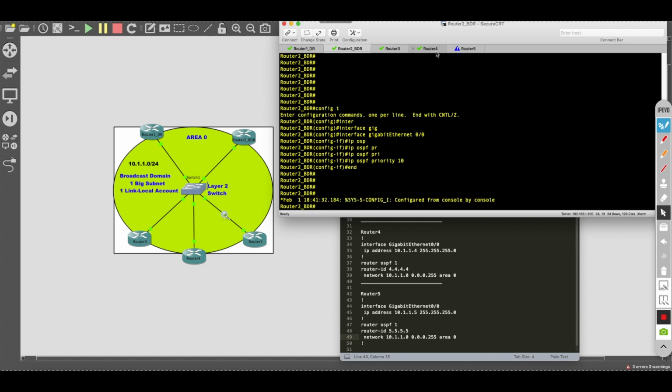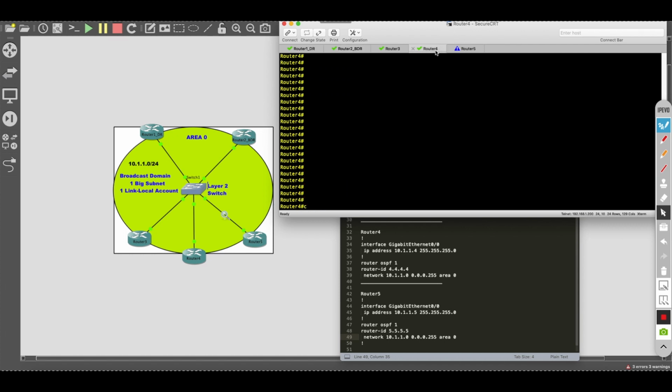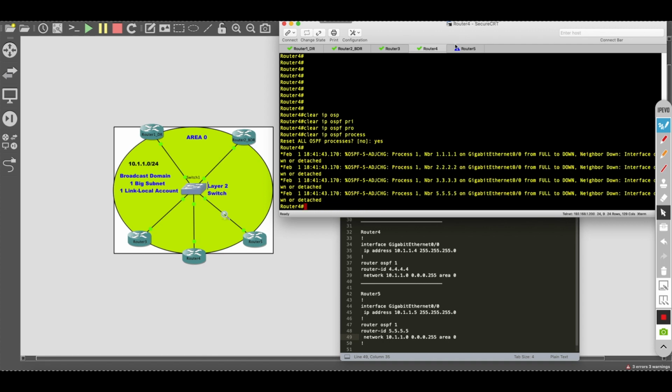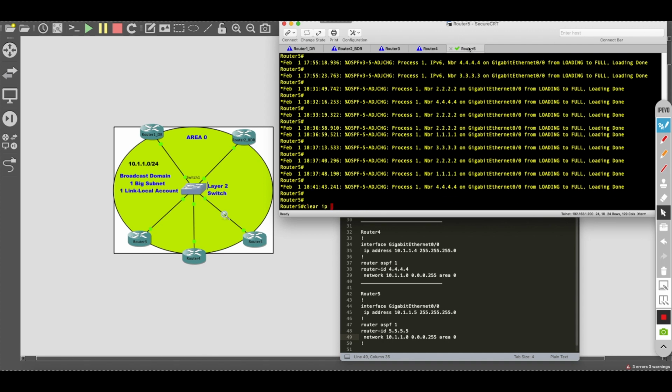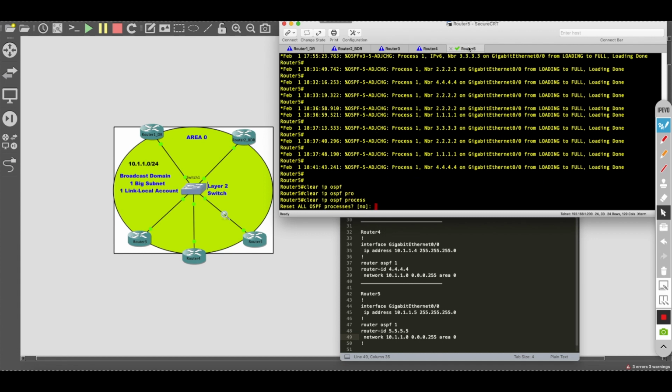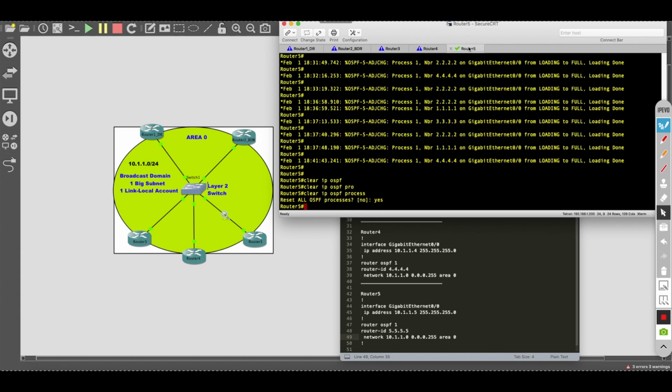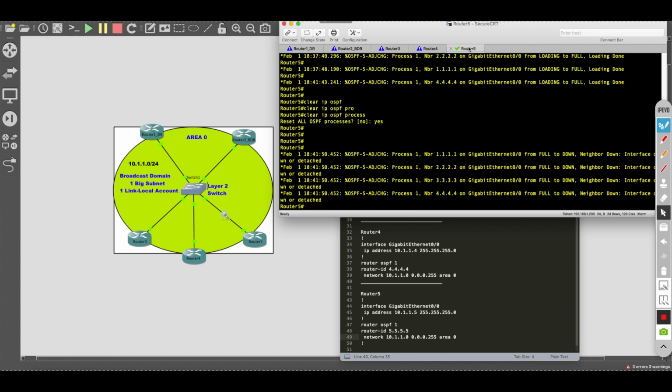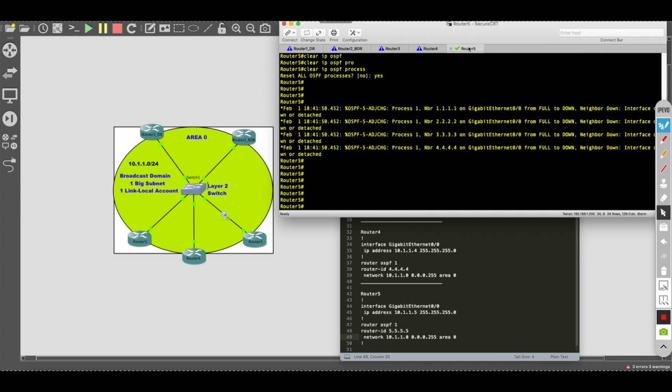All right, and I'm going to go on router 4 and go clear ip ospf process, and I'm going to go clear ip ospf process on router 5, and you have to because they were effectively the chosen designated router and backup designated router when everything was kept equal.